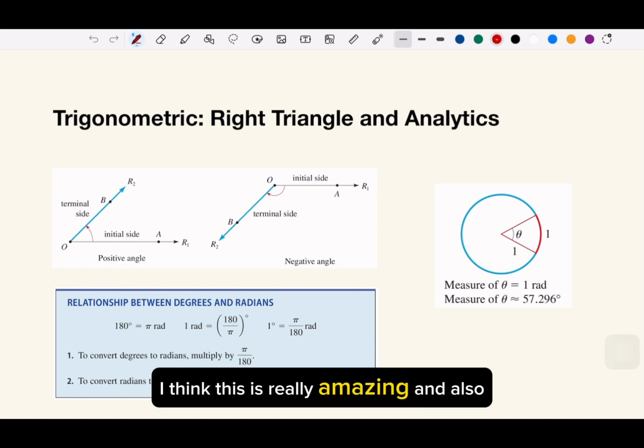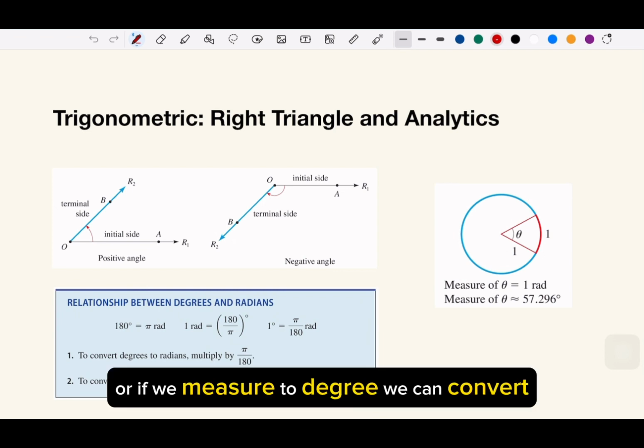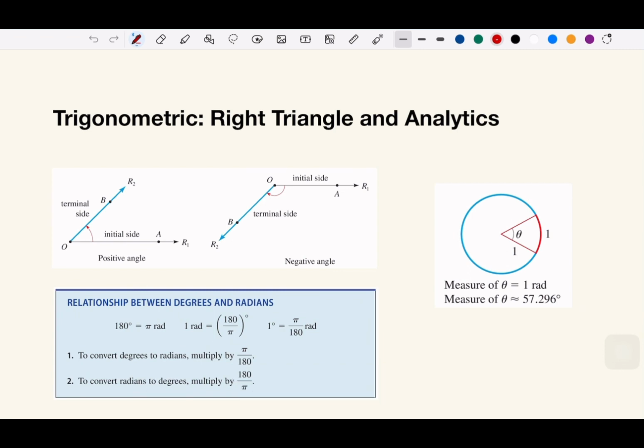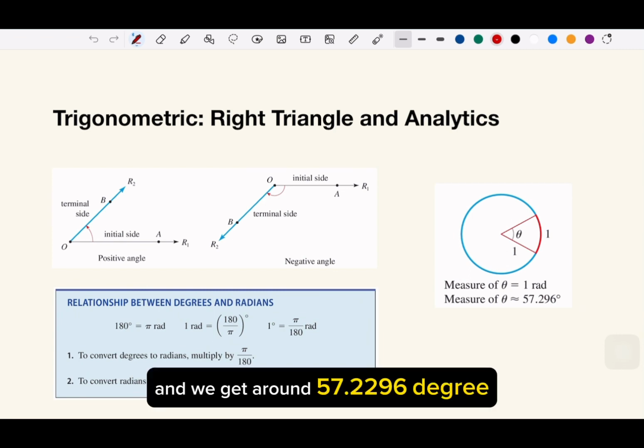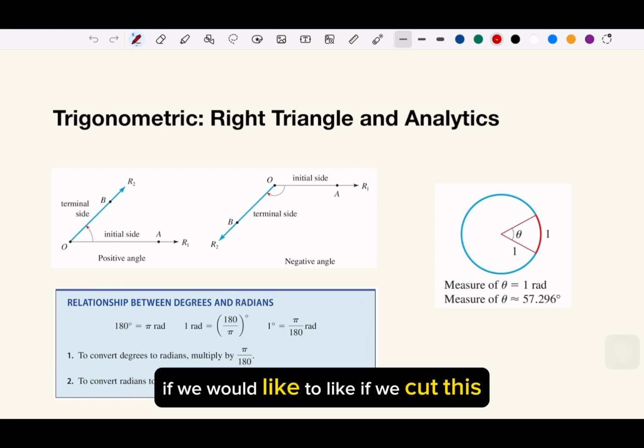I think this is really basic. And also, if we have 1 here, it means 1 radian. If we measure through degrees, we can convert based on 180 divided by pi, and we get around 57.296 degrees.